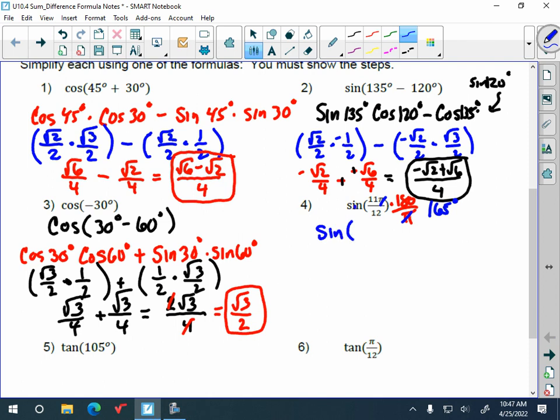What is it? 45. Okay, good. So you could do 120 plus 45 or 45 plus 120. It doesn't matter the order. The answer will be the same at the end.